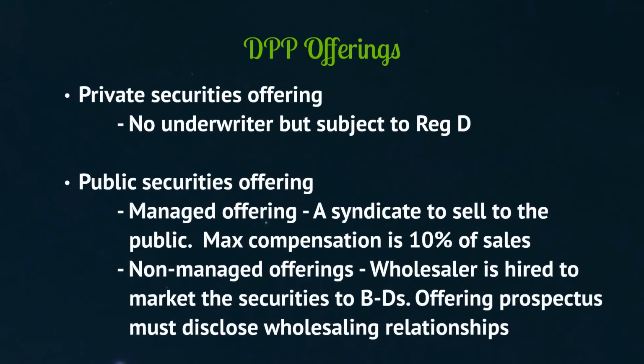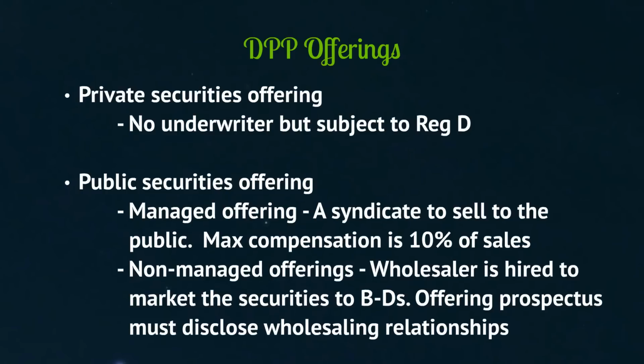There's different ways to offer direct participation programs. First, there's a private securities offering. So this is not through a broker dealer or distribution, but is still subject to Regulation D. And there's also a public securities offering in which we're bringing together a syndicate of broker dealers to obtain qualified investors into our investment structure.